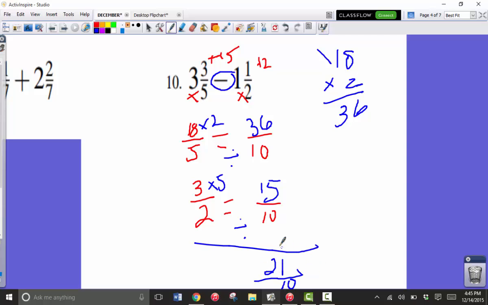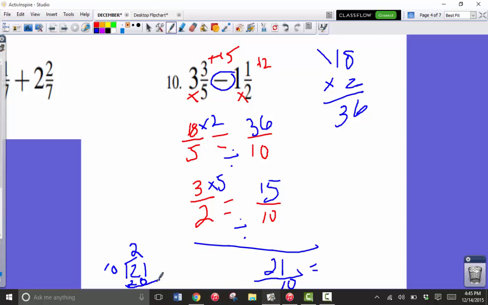But if you look, it's top heavy, meaning that it's an improper fraction. So we're now going to change it to a mixed number. How do we do that? We're going to divide, of course. How many times will the denominator go into the numerator? 10 will go into 21 how many times? 2 times, because 2 times 10 is 20.